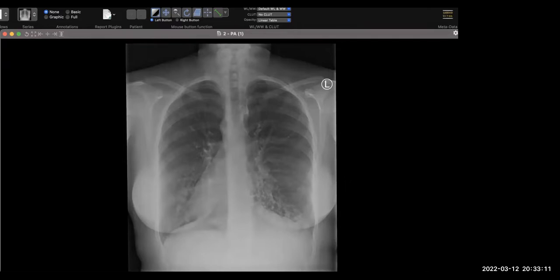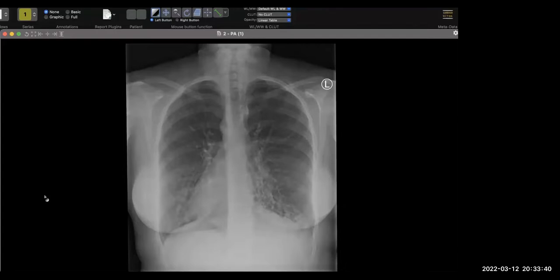In the rest of the film, on the left side, I can see there is evidence of peribronchial thickening with some evidence of bronchiectasis along the left lower zone. And on the left side, the rest of the lung appears grossly normal. And on the right side, I can also see there is some nodular density with central lucency, which could be representative of bronchial thickening.